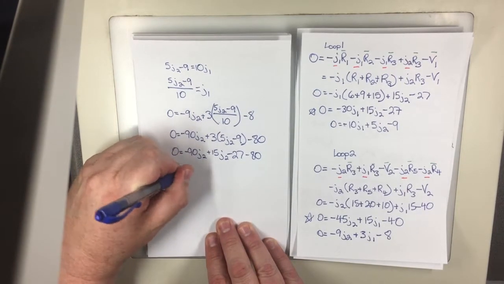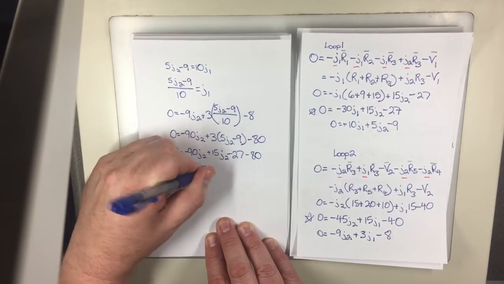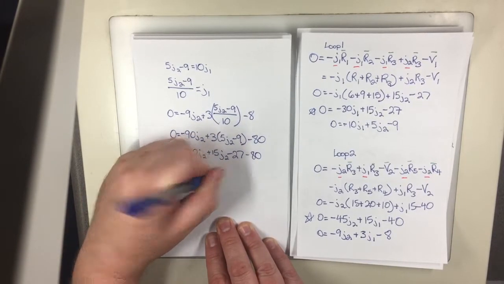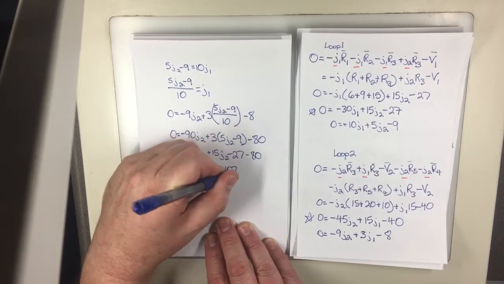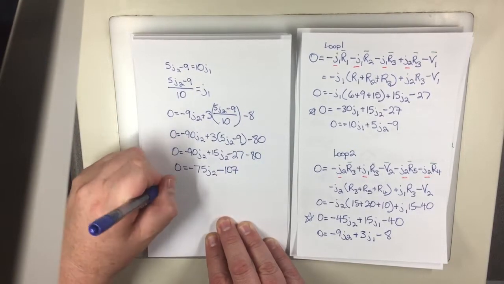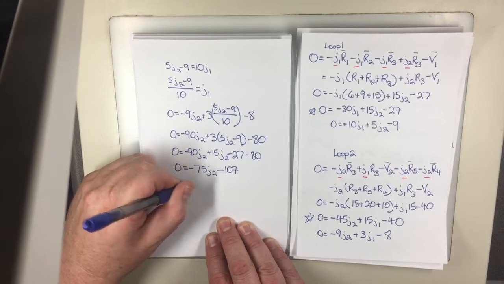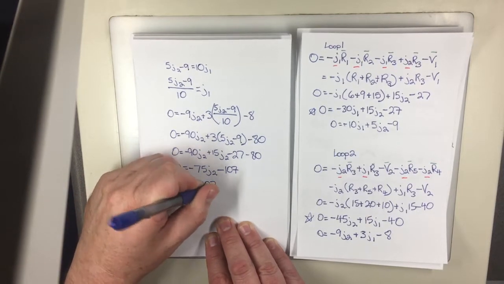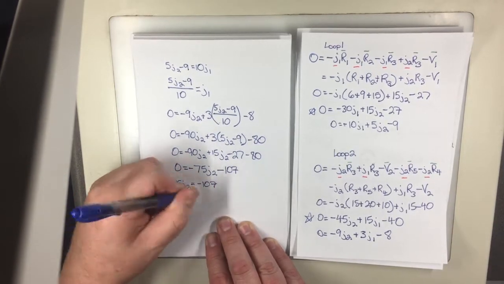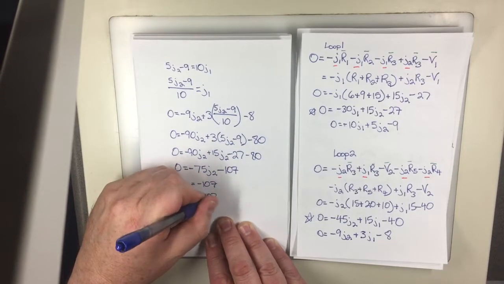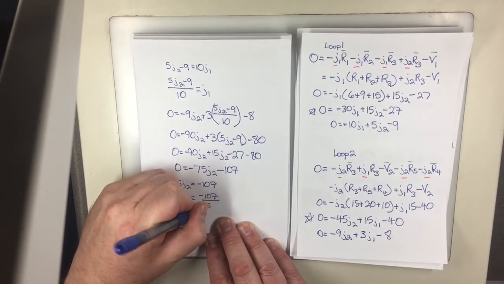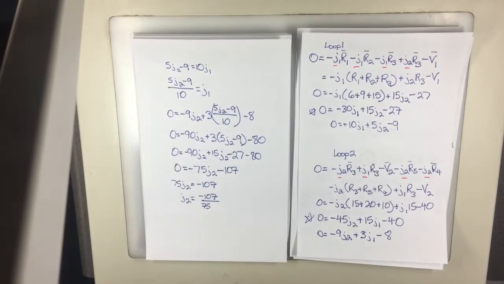This gives me minus 75 J2 on one side and minus 107 on the other. So 75 J2 is equal to 107, and J2 is equal to minus 107 over 75. I don't think we can simplify this. Let's find out. 107 divided by 75. Yep, that's as low as you can get.